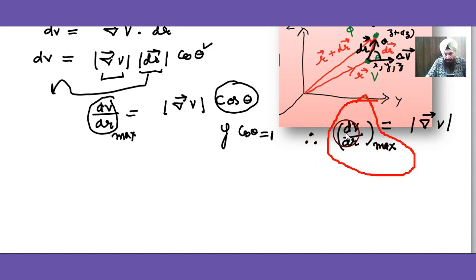What is it? The change in potential with respect to r, the potential gradient, having maximum value. That is the magnitude of gradient V. So what is the gradient V in magnitude? The change in V with r of maximum value.